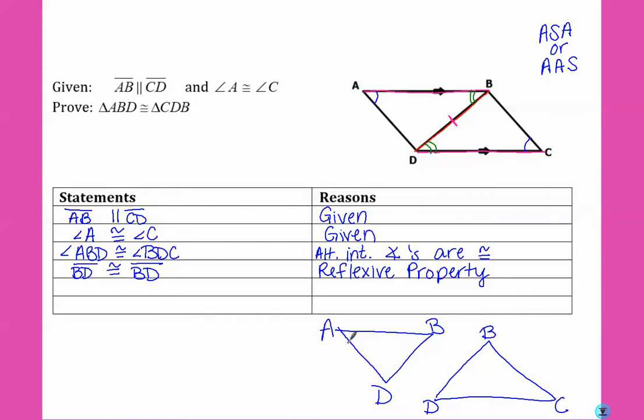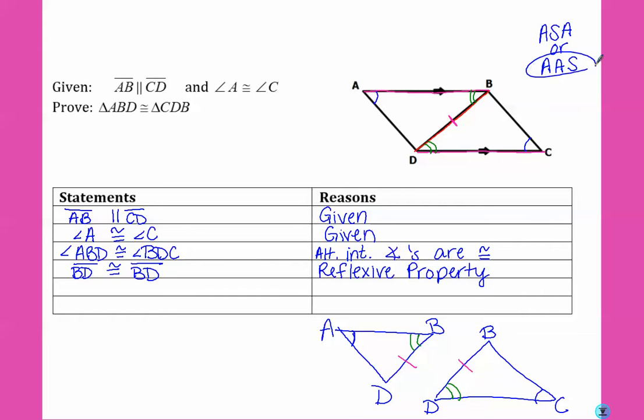A and C are congruent. ABD is congruent to BDC. And we knew that side BD was congruent for both of them. So based on these pictures, is it angle, side, angle, or angle, angle, side?